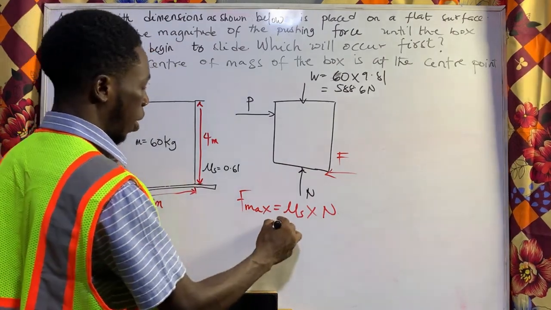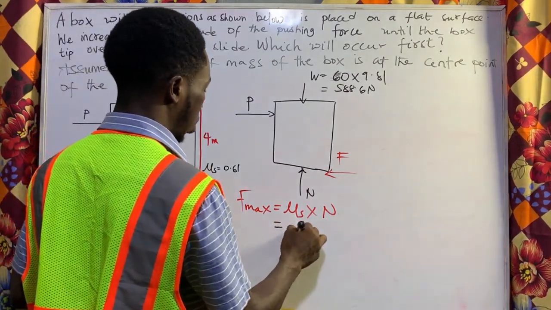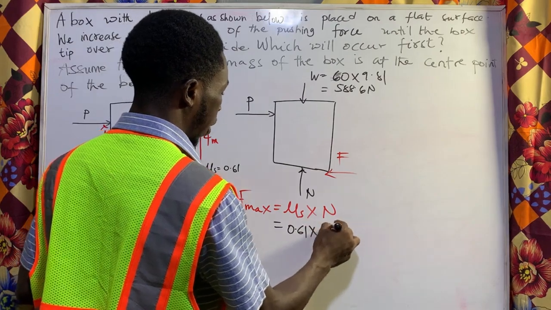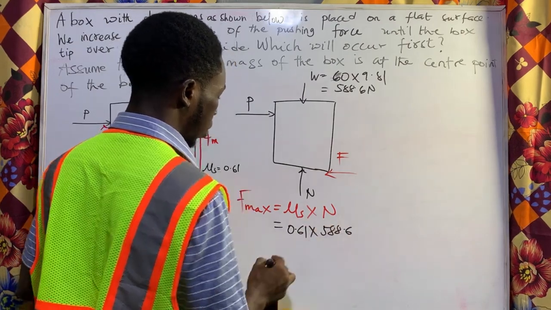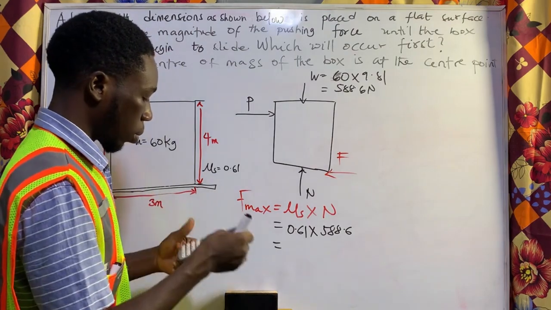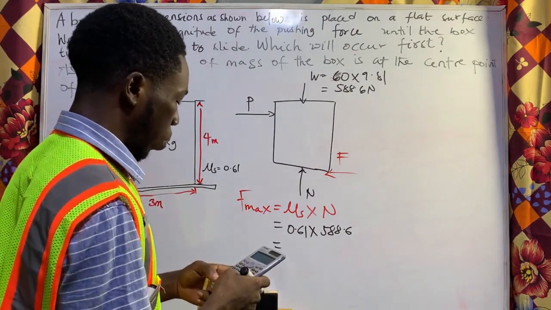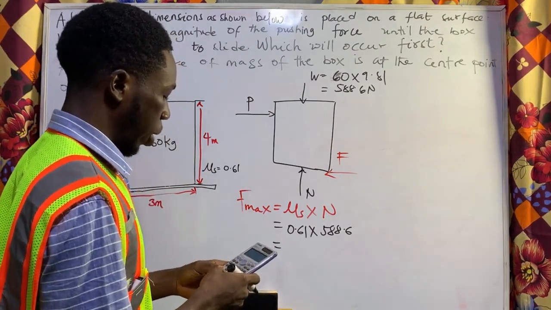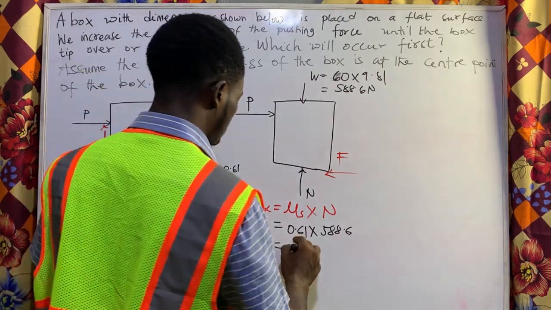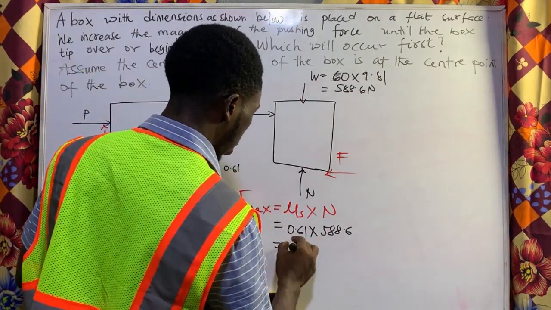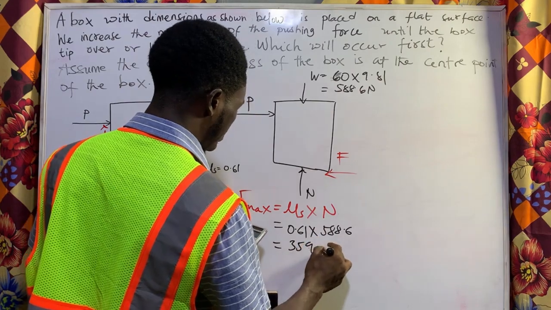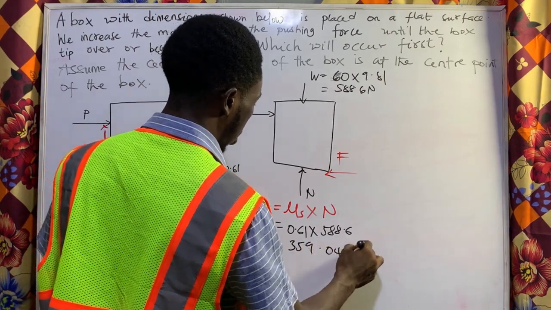So we're going to have our F max equal to 0.61 times 588.6. So let's see what you're going to get. 0.61 times 588.6 gives us a value of 359.046 newtons.